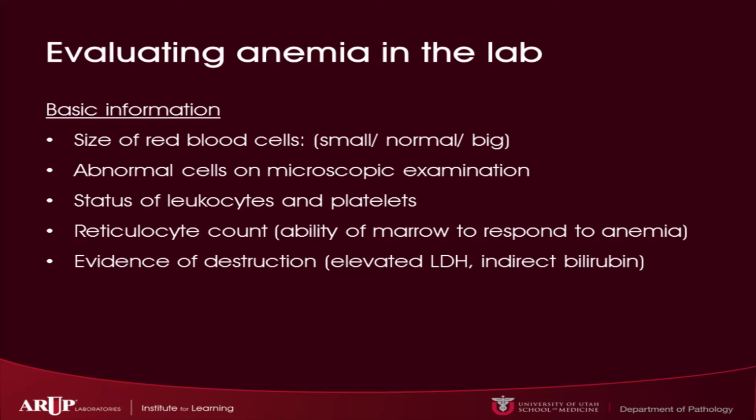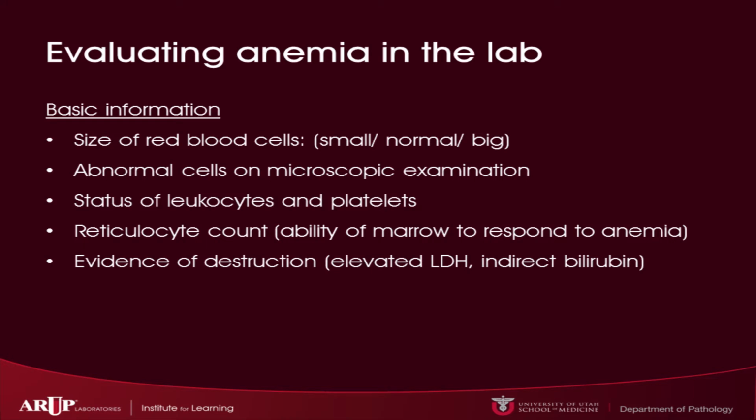If the bone marrow is involved in certain diseases, like a cancer involving the bone marrow, or some disease like a myelodysplastic syndrome or some other leukemia, then the bone marrow would not be functioning to recover or respond to the anemia. So the reticulocyte count gives us an idea about the bone marrow's capacity to respond to anemia.